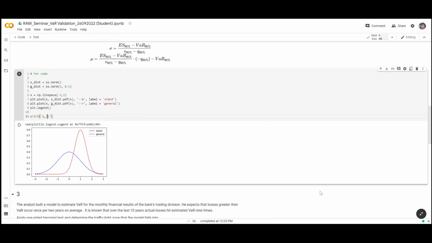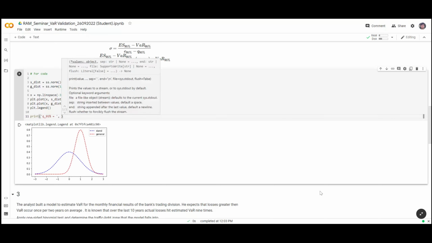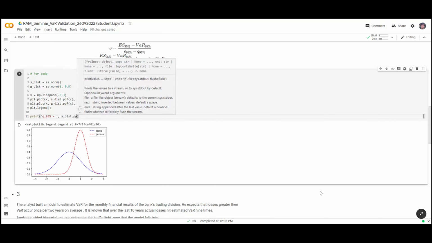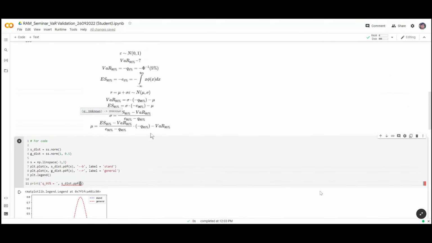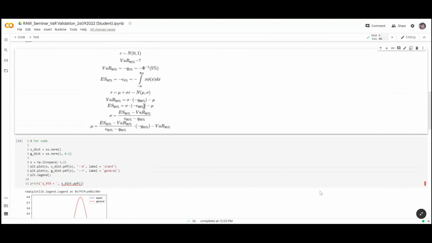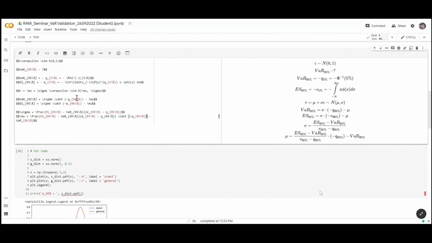Q 95% equals standard distribution F. Oh, I beg your pardon, I just put wrong numbers for Q and E everywhere.